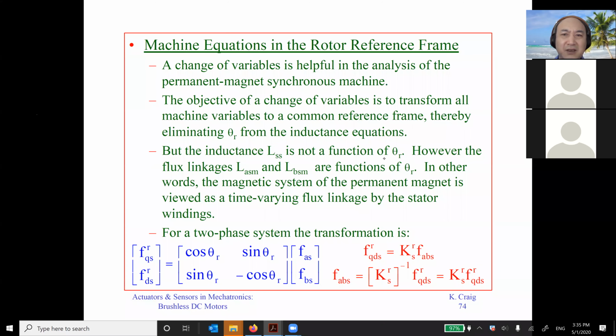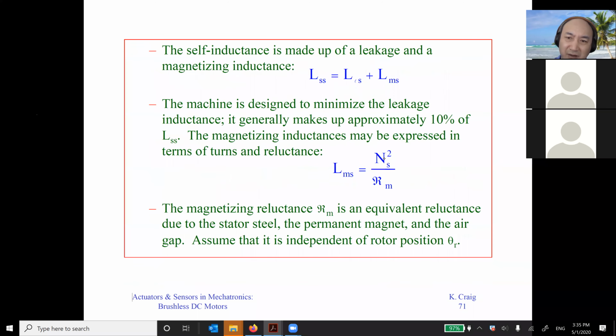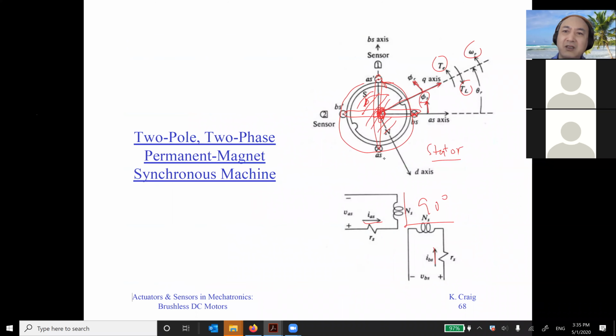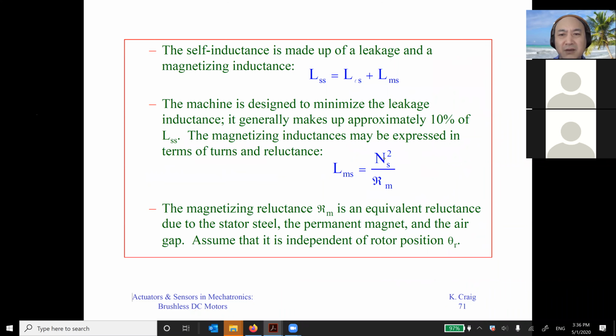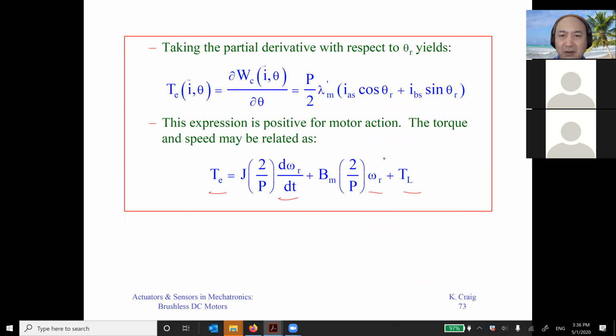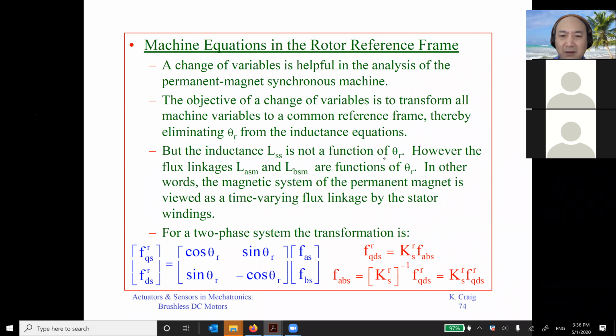Again, let me go back to this slide. I want to tell you, this Q axis is called a rotor reference frame. Q is fixed on the rotor.